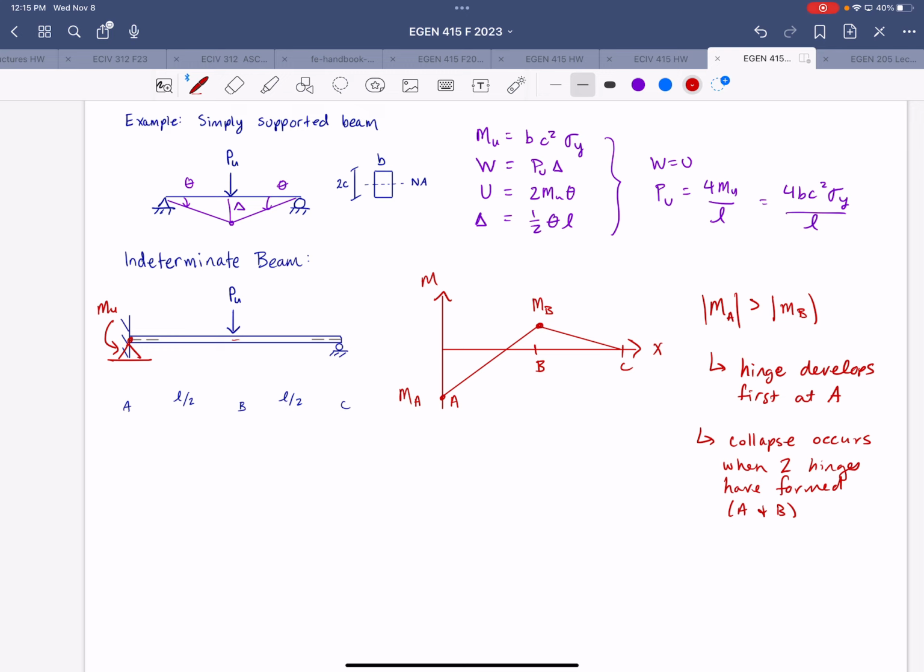It's reached its max. So a plastic hinge has formed. It's essentially behaving as a pin support at that point.